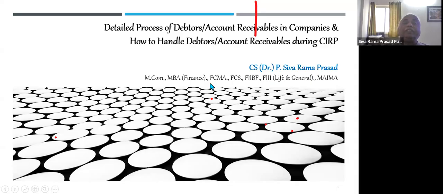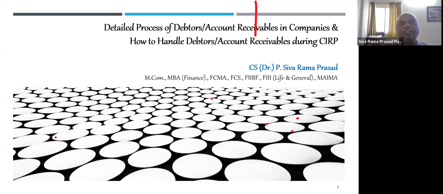Now today I will discuss the debtors or account receivables. The debtors or account receivables are also the CD's assets, the corporate debtor's assets, because if there are no credit sales, the sales of the organization will not arise.